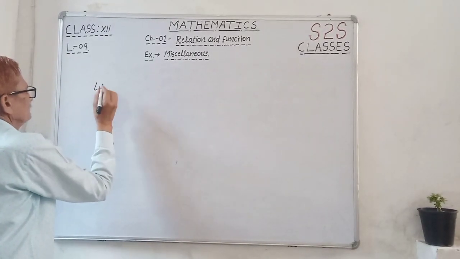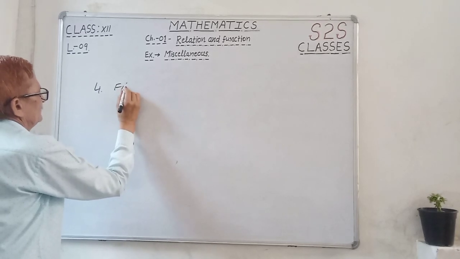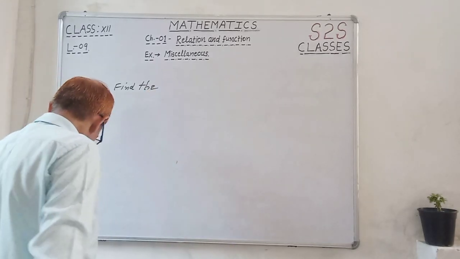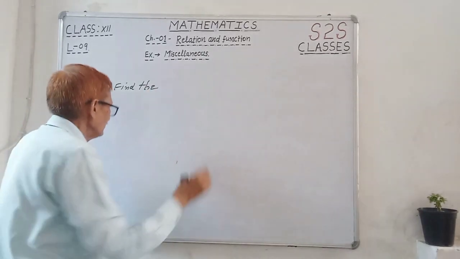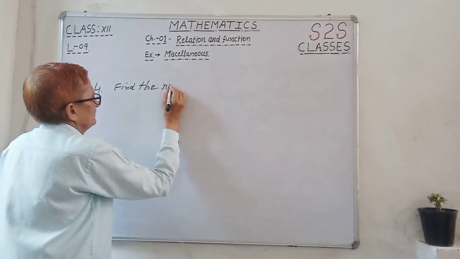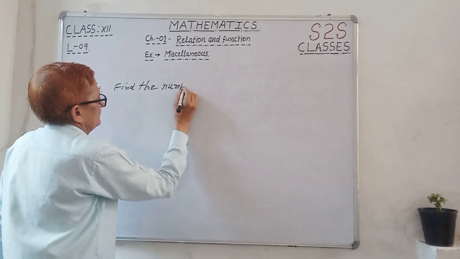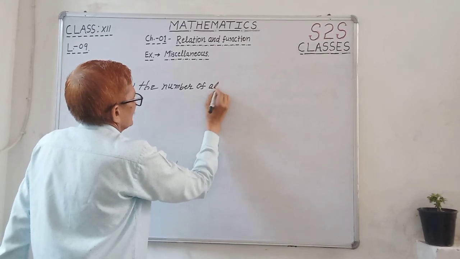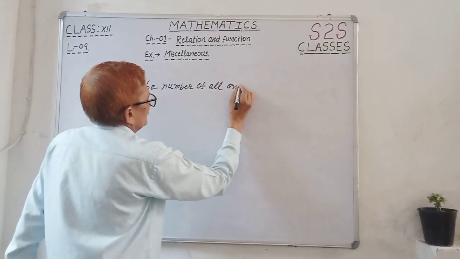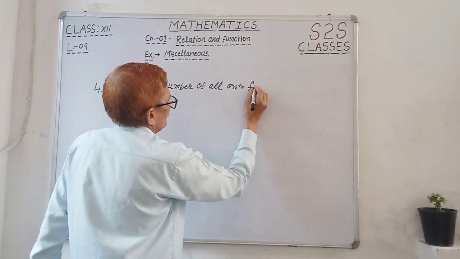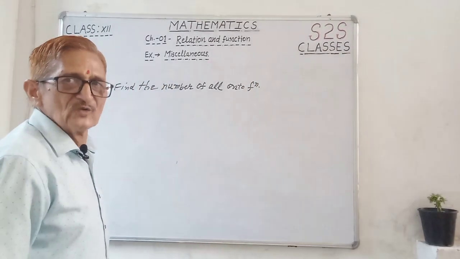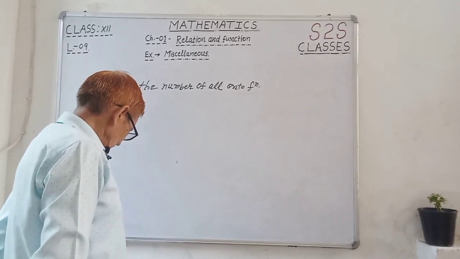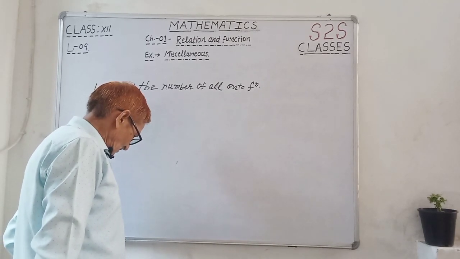Question 4: find the number of all onto functions defined on the set 1, 2, 3, 4 up to n to itself.